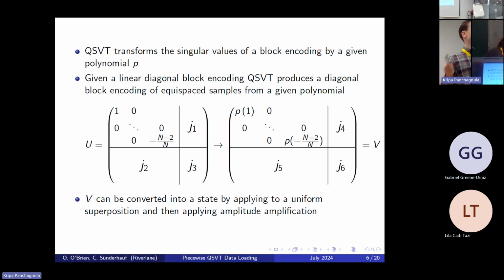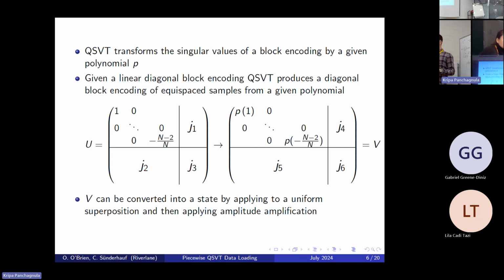If I didn't explain it very well, the only thing you need to remember is this top line: it's a process where you transform the singular values of a block encoding by a given polynomial specified by the phase factors. And then once we have that, we can go ahead with the approach that the McArdle paper took, which is we want to take equispaced samples from our polynomial.